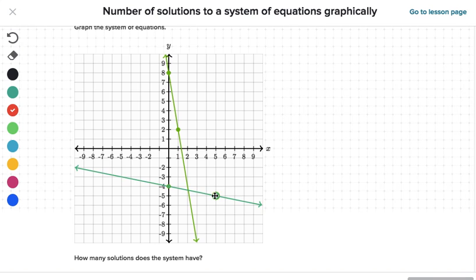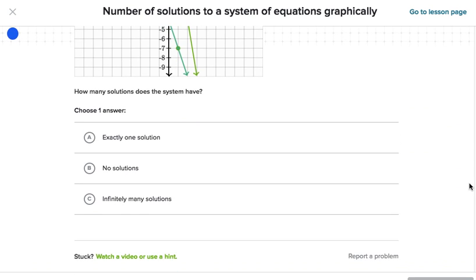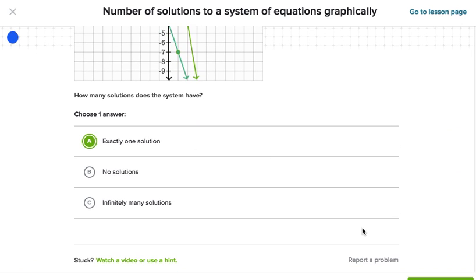Let's take a look at that closer. Down 3 and across 1. We can see here the distance between the two lines is greater up here than it is down here. So we know that at some point these two lines are going to intersect, even though we can't see it. So this system has exactly one solution.